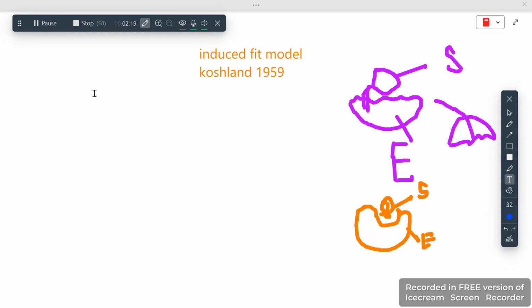What this said: enzymes have no particular shape, no particular structure. They have a structure, but not a particular structure.